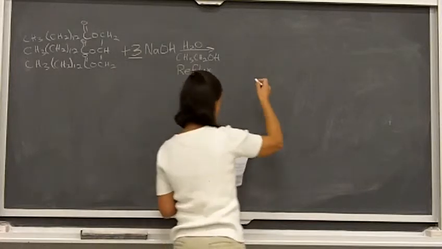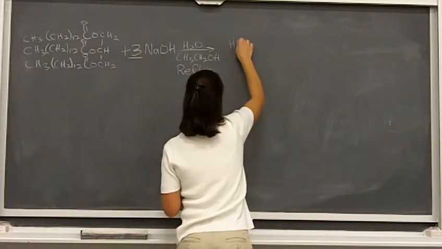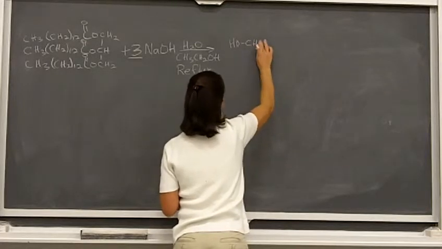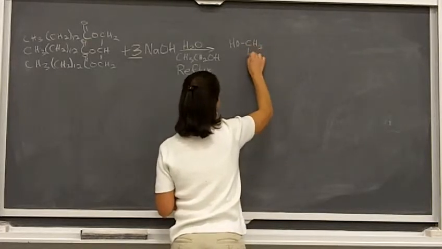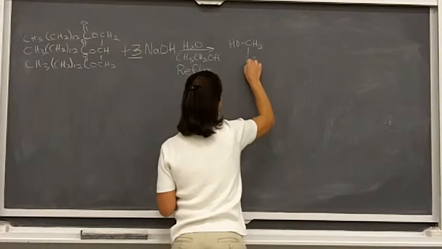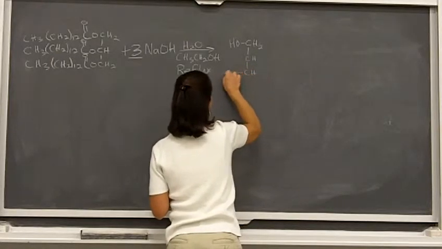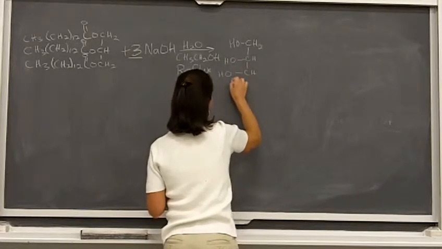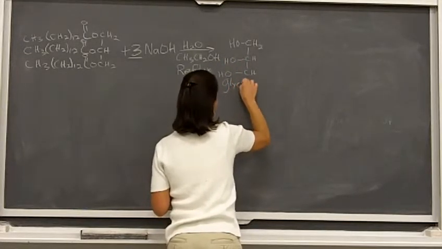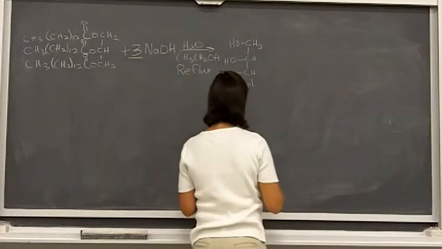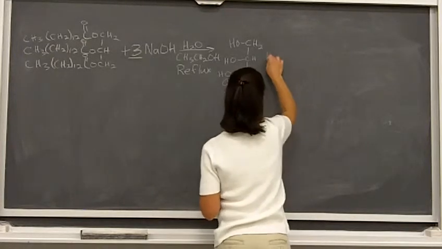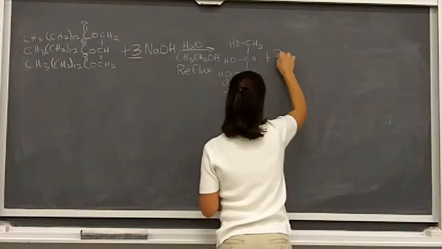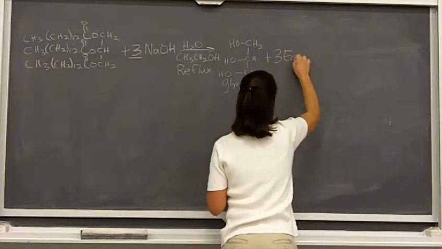We're going to form glycerol. So remember, trimyristin is the homotriester of glycerol. We're actually going to make our glycerol. Okay, so here's our glycerol. And then we're going to make our fatty acid, our sodium salt here. So our soap here.